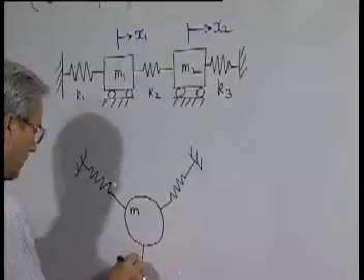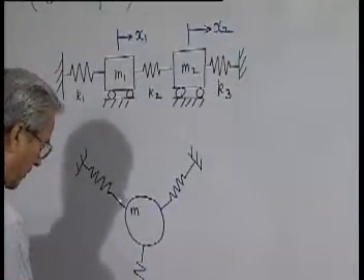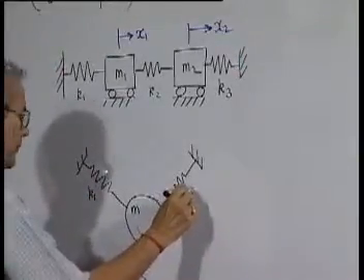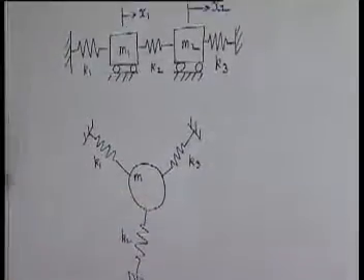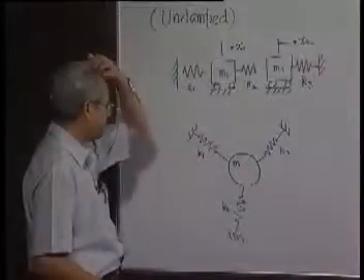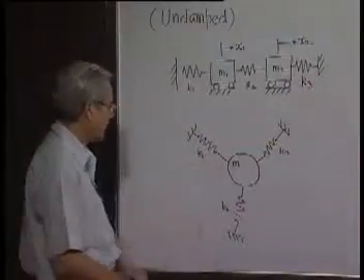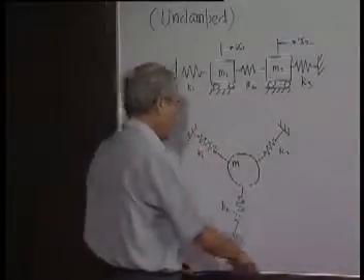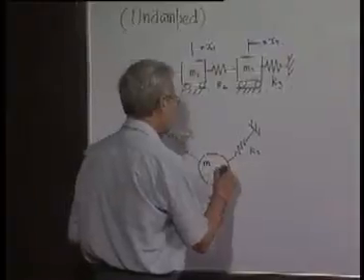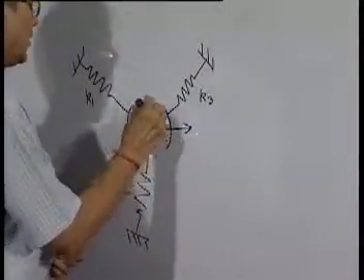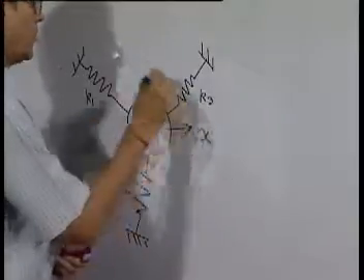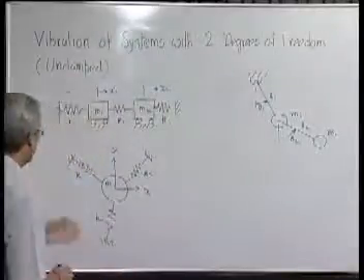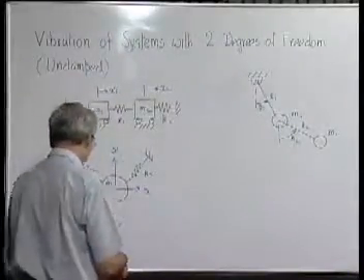For example, if you take a system with a single body M, so let us consider this body supported by 3 springs, mass of the body is m, and let the body be confined to the plane of the board.